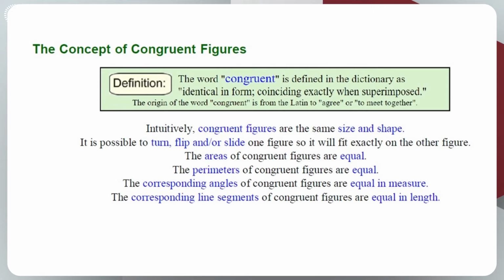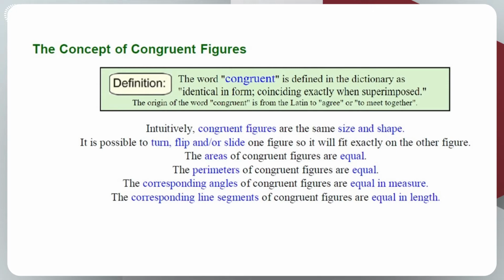Now, when we talk about areas, congruent figures have the same area. Why? Because they have the same size and shape.